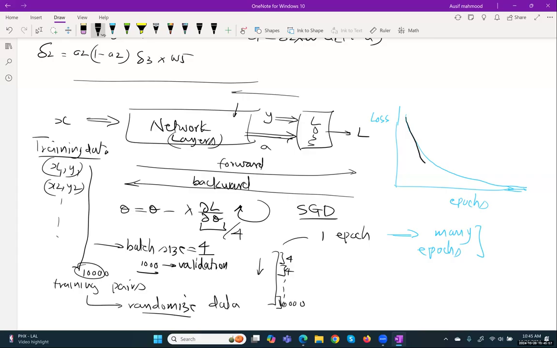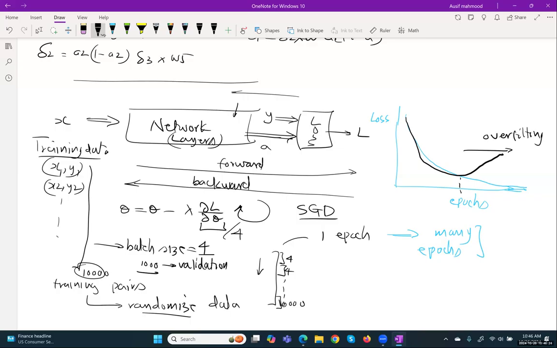And as I mentioned, the validation loss sometimes will behave like this, meaning if you keep training, validation loss also will keep going down. At some point, it will start to reverse. That is the region from here on, we are overfitting the model, meaning we should stop the training. Okay.